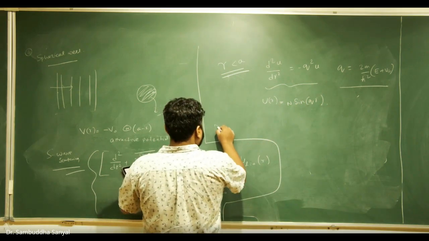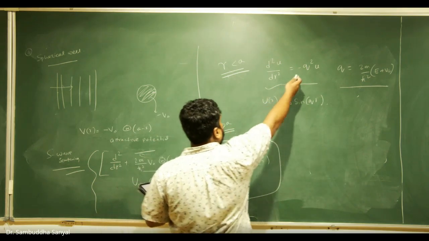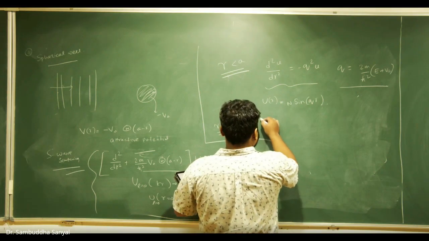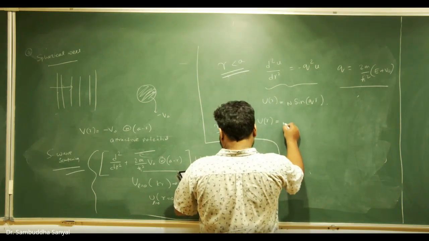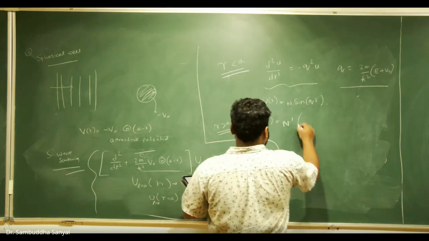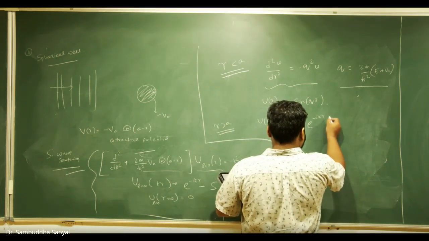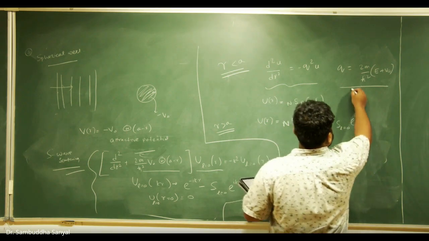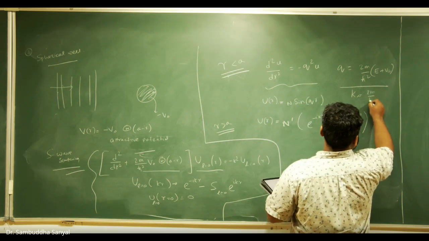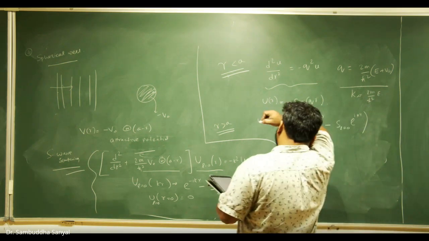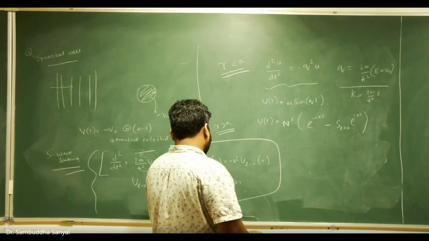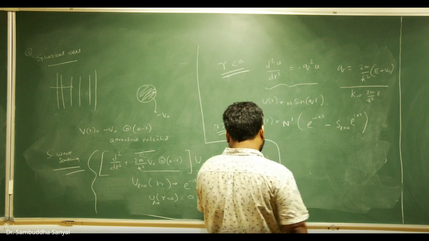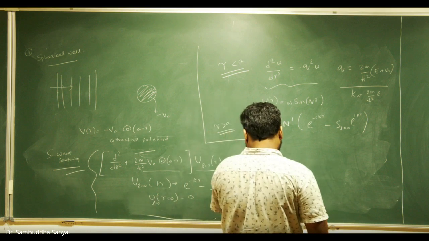And for r greater than a, there will be no V, and you will get a form u(r) with some other normalization factor N prime, where k is 2m by h bar squared E. Actually, no, this is correct.